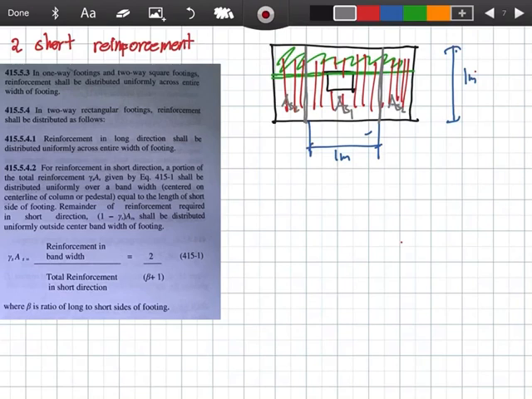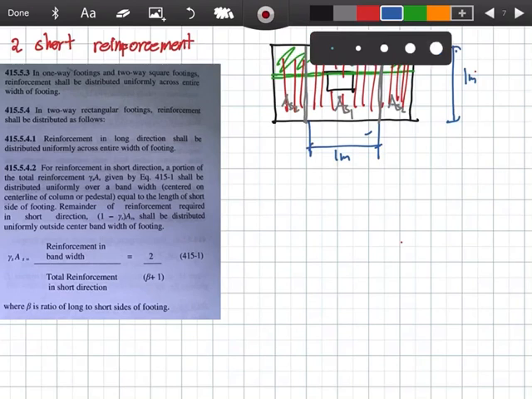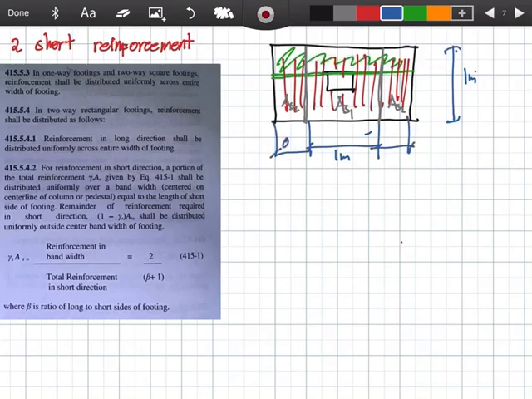So, yun yung gagawin natin sa ating short reinforcement. Okay? So, kung 1 meter din dyan, ang matitira na lang dito ay ano? Tig 0.5. And 0.5.